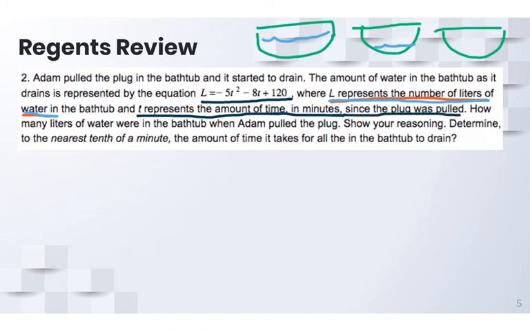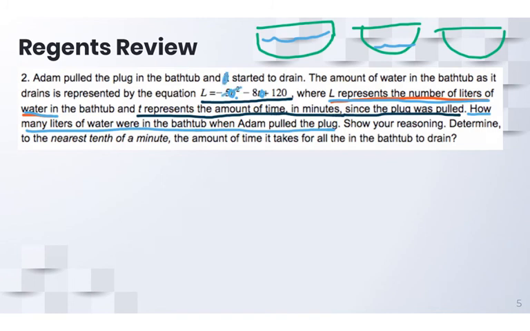All right, so how many liters, I see liters, so I'm going to go back to blue. How many liters of water were in the bathtub when Adam pulled the plug? So remember, as soon as you pull the plug, that time was 0. So if the t is 0, 0 squared is 0 times negative 5 is 0.